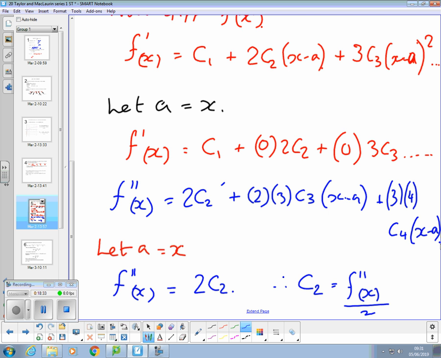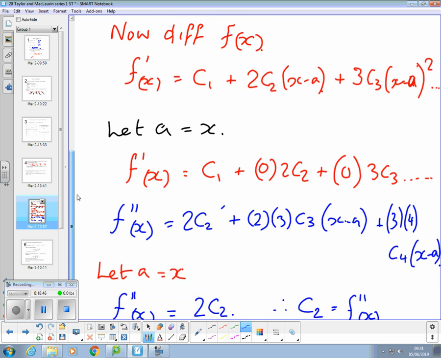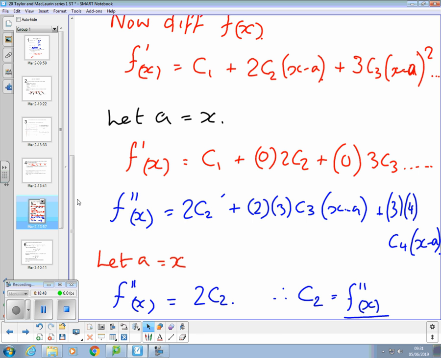Now, in my notes, C1 is equal to f dash of a over 1 factorial.